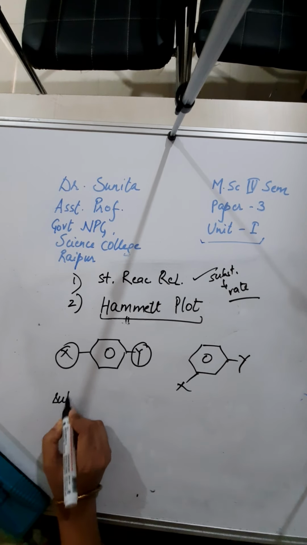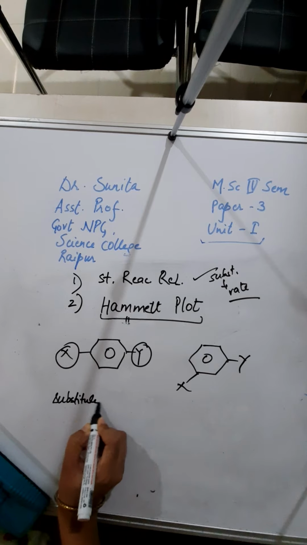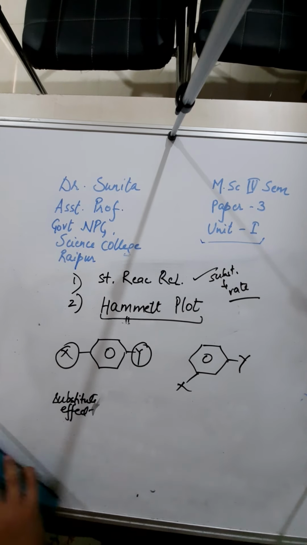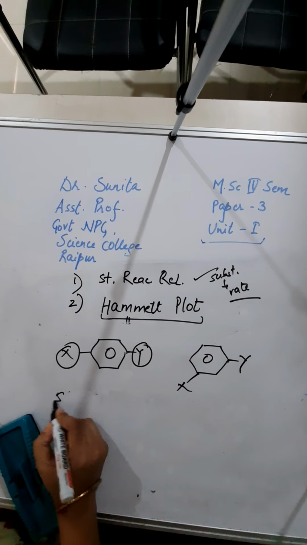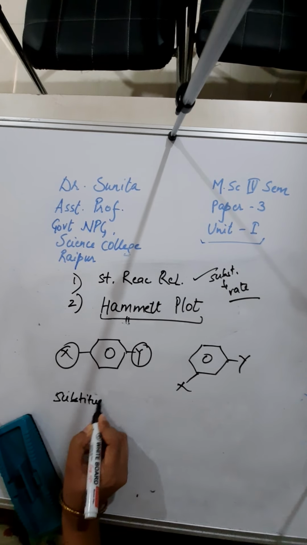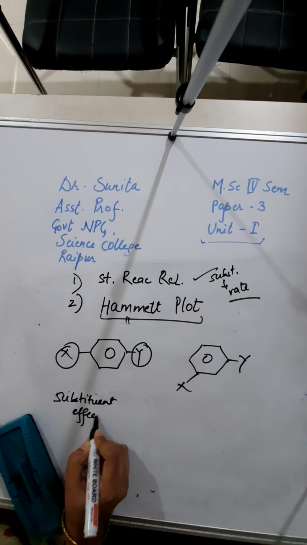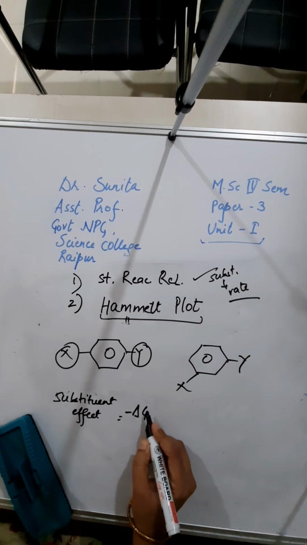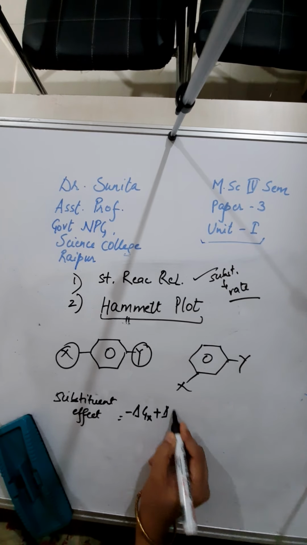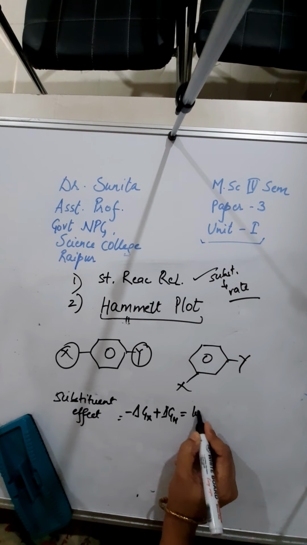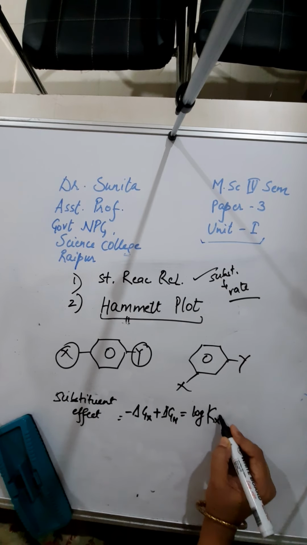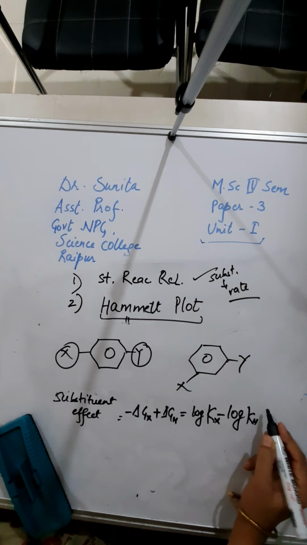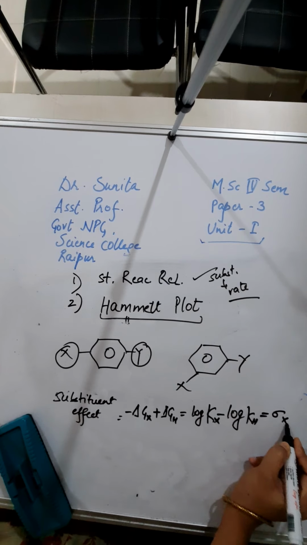For example, if we are going to see the substituent effect, then it is minus delta Gx plus delta GH equals log Kx minus log KH, and this is equal to sigma x.